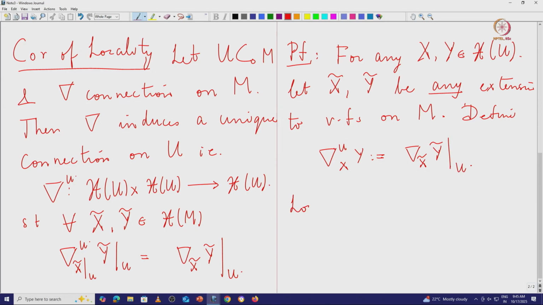Then locality 1, the first property, implies that this is well defined and independent of the extensions.